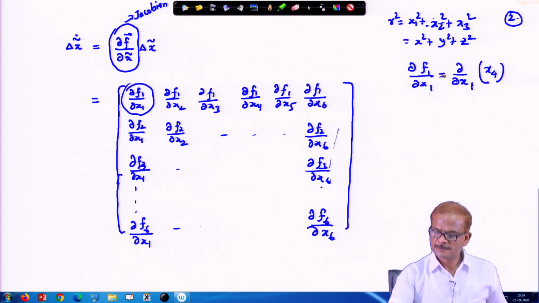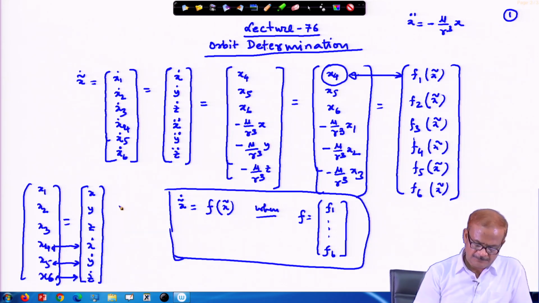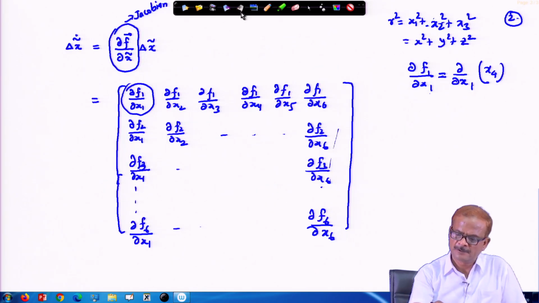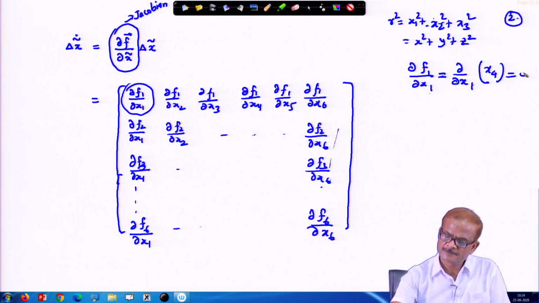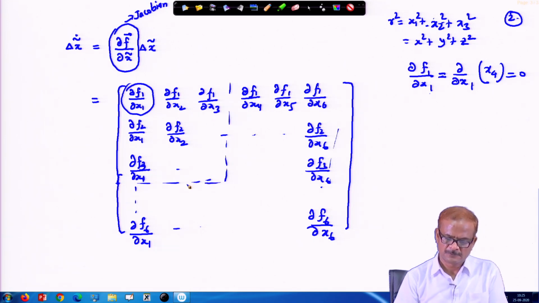Okay. And these are all independent variables. Once we have cast it in the form of the state space format, x 1, x 2, x 3, x 4, x 5, x 6 all appear as independent variables, and therefore this quantity is 0. So, the quantities from this place to this place will all be 0.